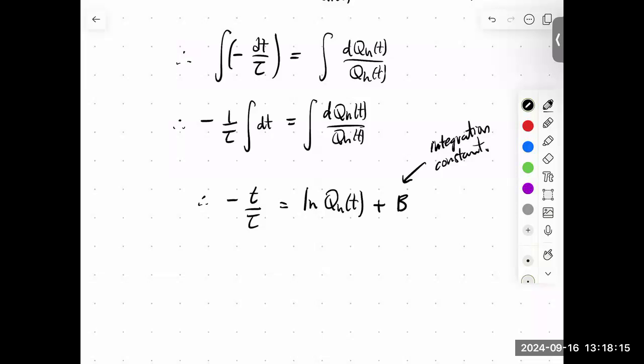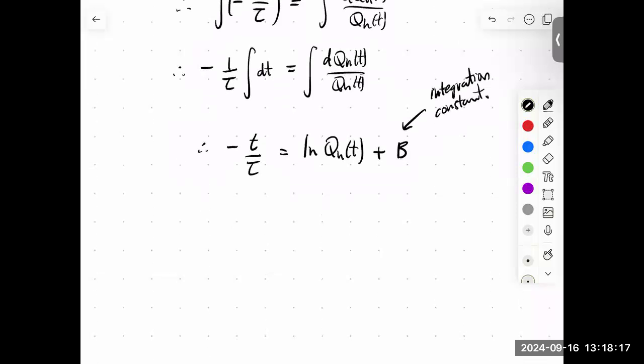I guess I actually wanted my integration constant on the other side. It doesn't matter. So therefore, we'll have ln of QH of t is equal to minus t over tau plus some constant B. All right. So if I want to know QH, then what we can do is we can exponentiate.